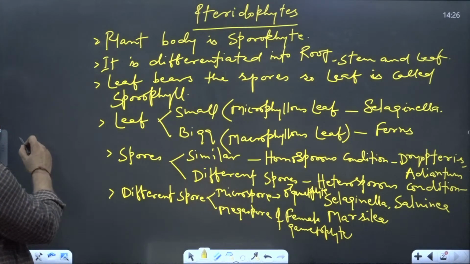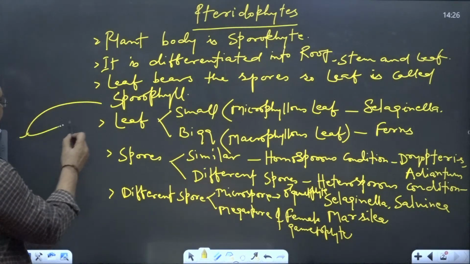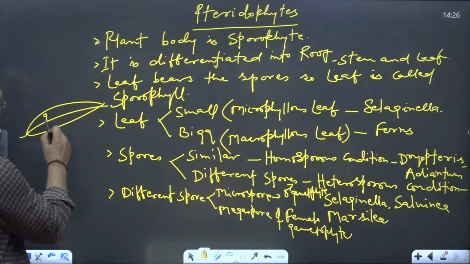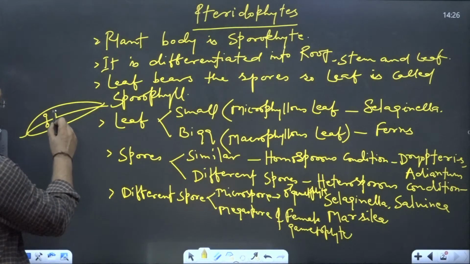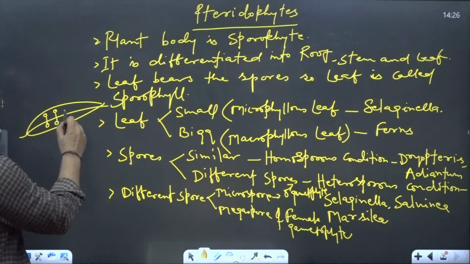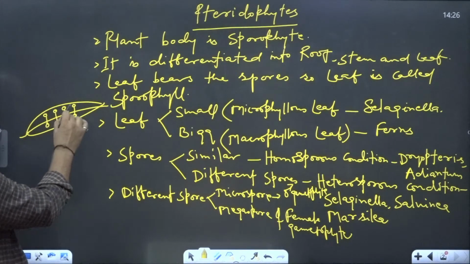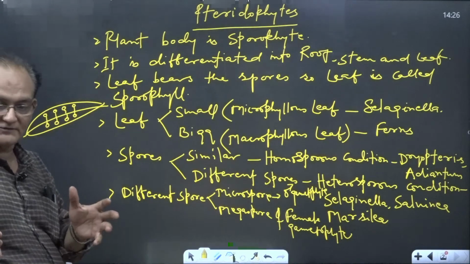Like there is a leaf, and this leaf will contain a sorus, right? This sorus is actually the aggregated sporangium.